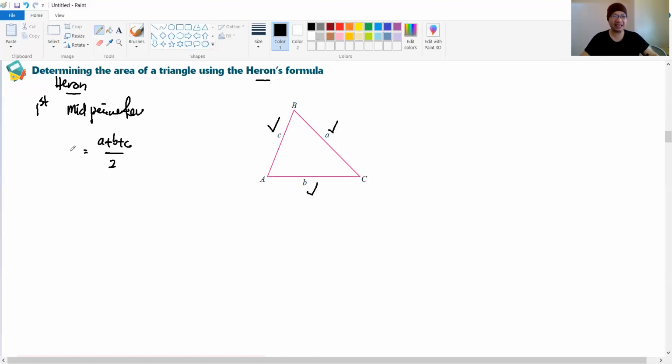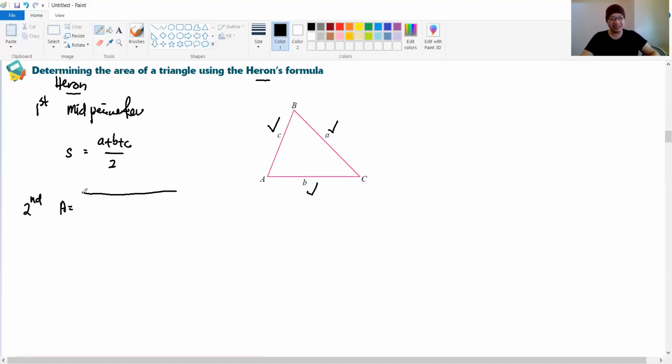Normally we label it as S. This is what we call the mid perimeter. The symbol of mid perimeter is S. This is the first step we need to identify. After we identify the mid perimeter, the second step is to find the area. How to find the area? Very easy. That's why I love this method actually.